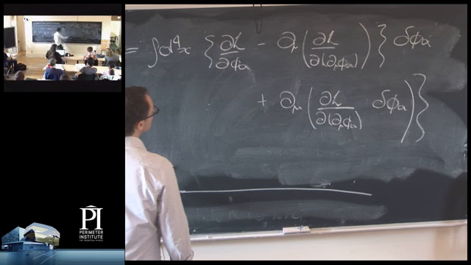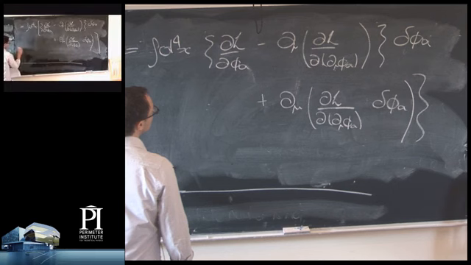Okay. So now this vanishes. But why does it vanish? Well, it vanishes for any variation delta phi_a(x,t).